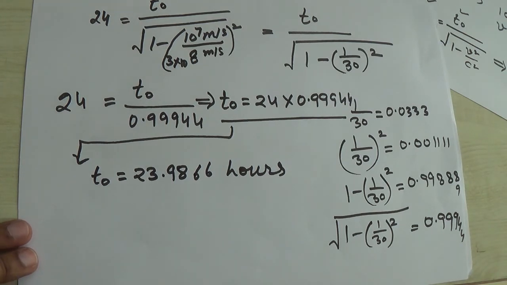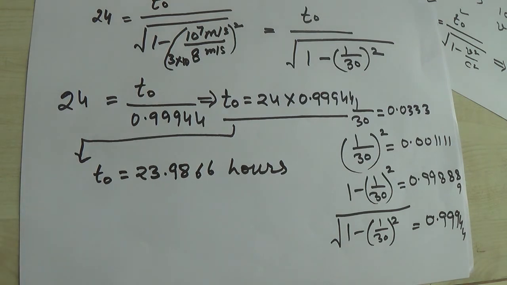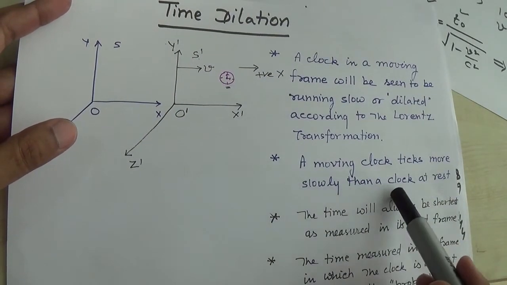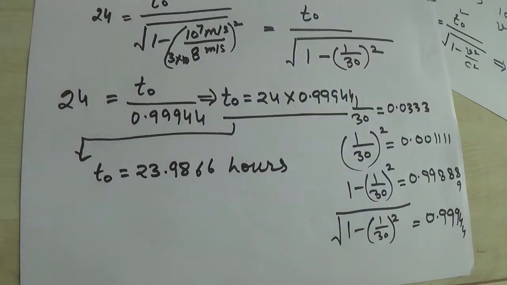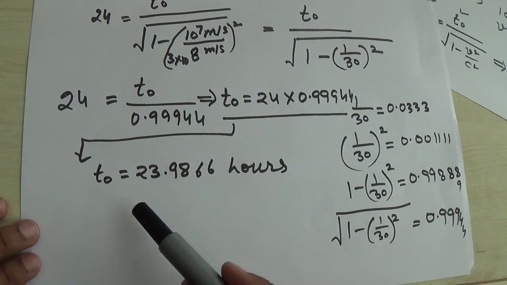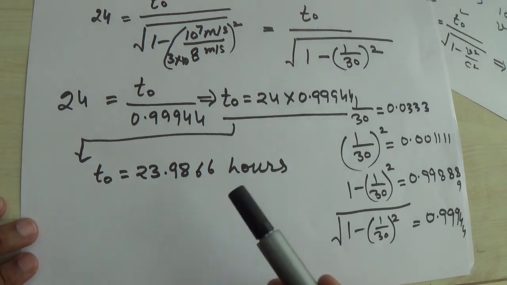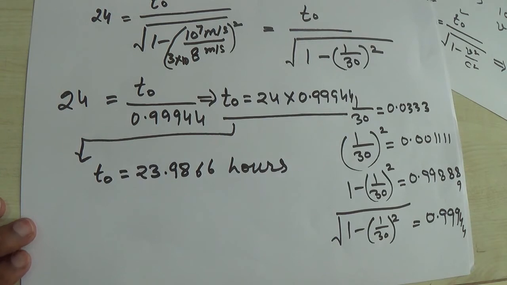So the statement according to time dilation is that moving clocks tick slowly, right? This clock runs slowly, which you have seen here in the statement that a moving clock ticks more slowly than a clock at rest. So this statement is verified here. So T naught is smaller. T naught is the proper time, and T is the time observed by the observer O.